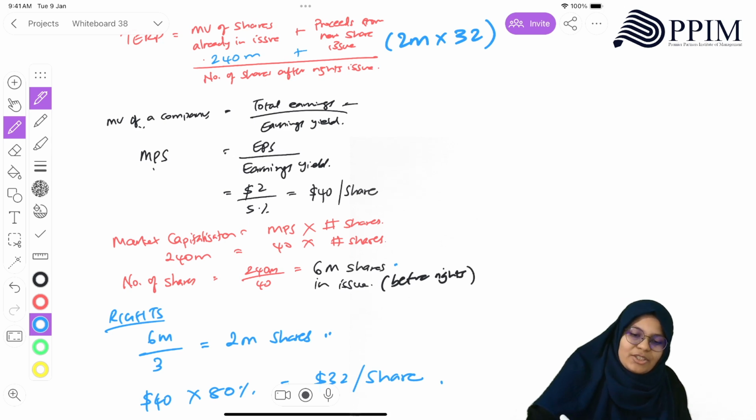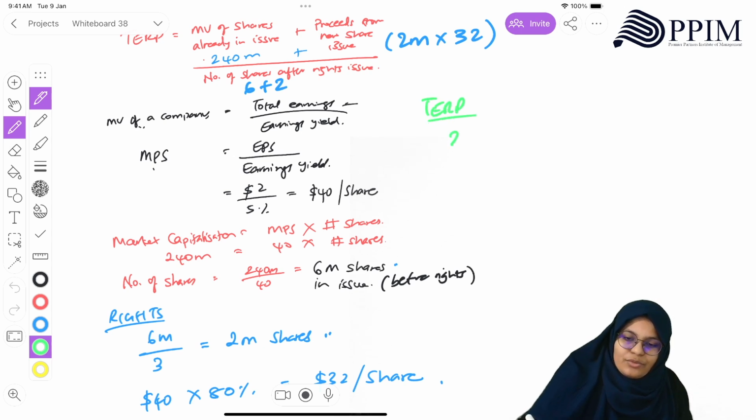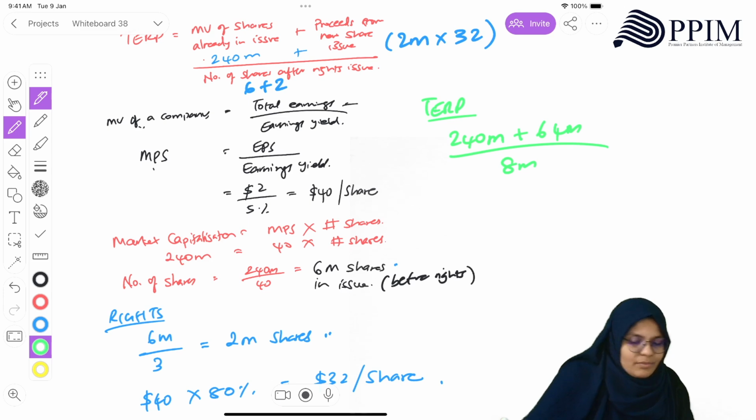So 6 plus 2 will be the number of shares after. Okay. So if you want the TERP, I'll put it on this side. It's 240 plus 64 million divided by 8 million, which is $38 per share.